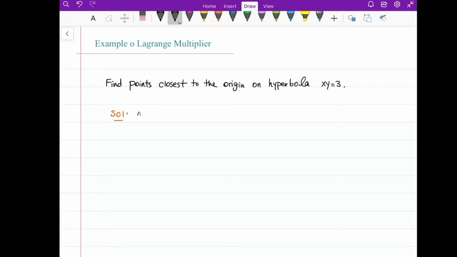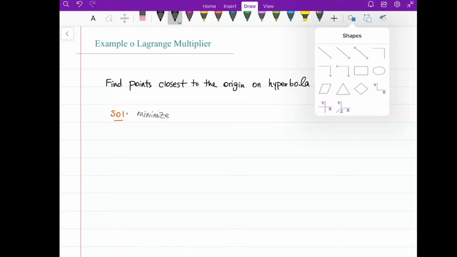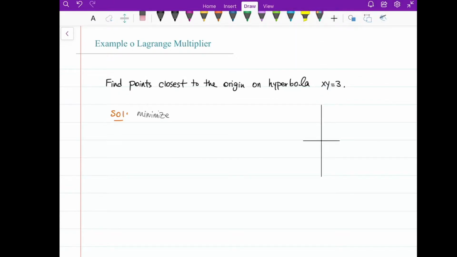Basically, I want to minimize the distance d, and first let me graph it for you. This is the x-axis, this is the y-axis. Then I have this graph, which is y equals 3 over x.